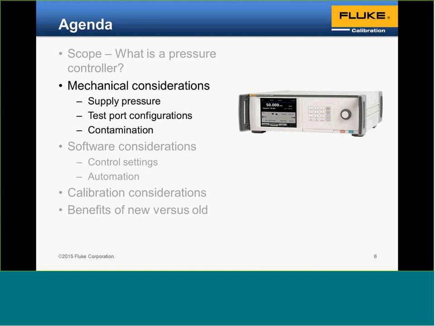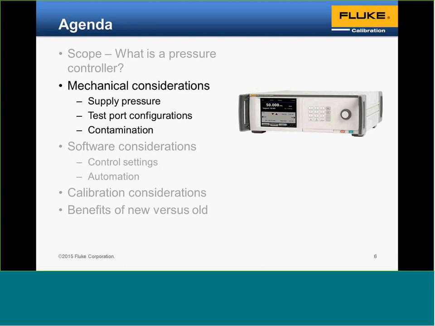With that overview of our discussion today, let's get into the details, and we'll talk about mechanical considerations. These include things like supply pressure, how your test port is configured, and things like contamination.